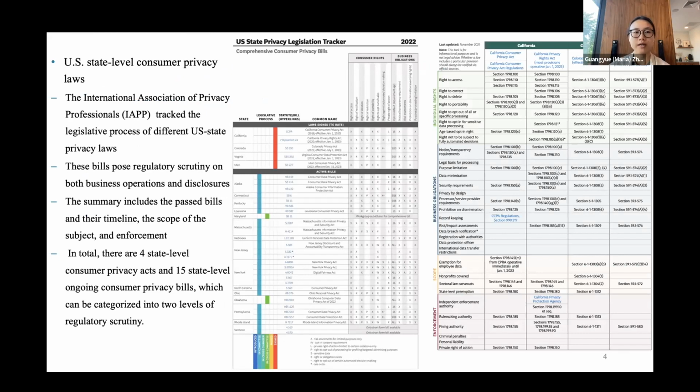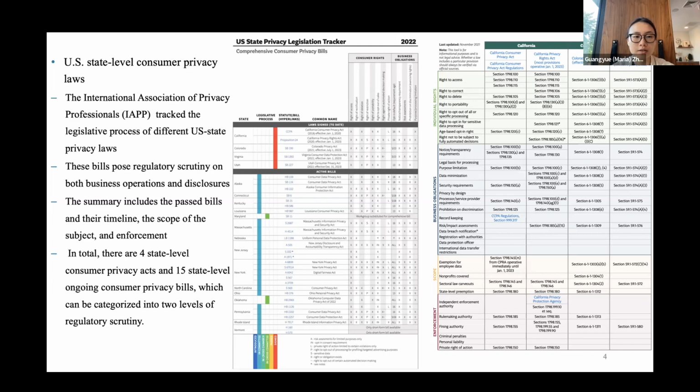I'm sure everyone has seen the recent development of state level consumer privacy laws in the news. There are in total 4 bills signed into law, for the states of California, Colorado, Virginia, and Utah.